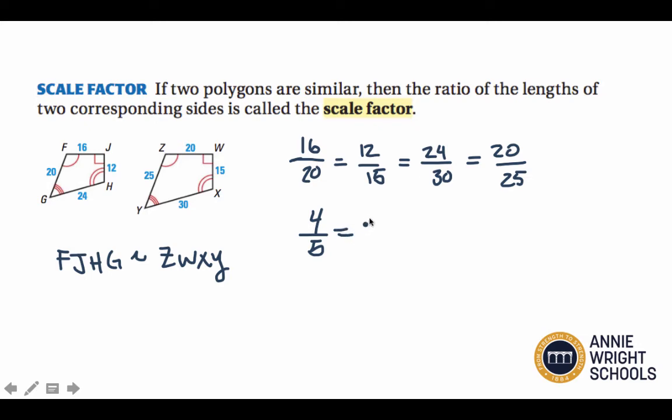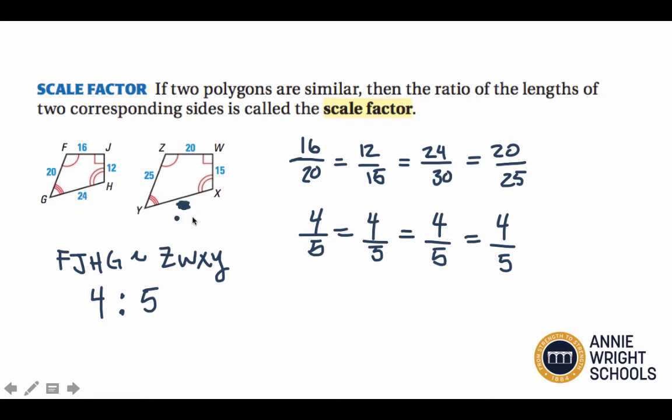Factor of 3, 4 to 5. Factor of 6, 4 to 5. And lastly, factor of 5, 4 to 5. Then we can see the scale factor here would be 4 to 5. Good? That ratio, if we didn't know this value, we could say, oh, 16 is to 20 what 24 is to x.